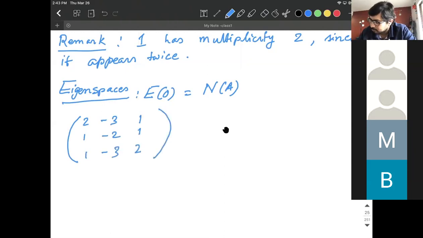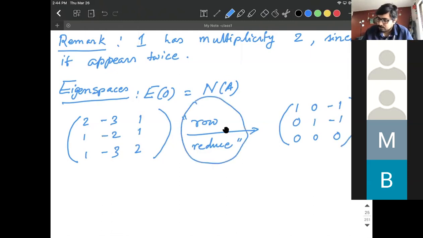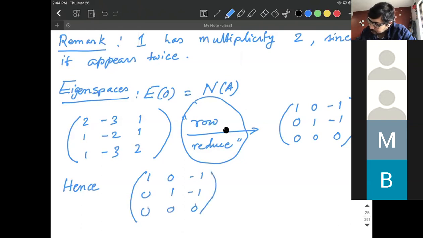So this is the matrix A. Now, once again, you row reduce to get it down to the following matrix: 1, 0, minus 1, 0, 1, minus 1, and 0, 0, 0. I'm skipping, of course, these row reduction steps.